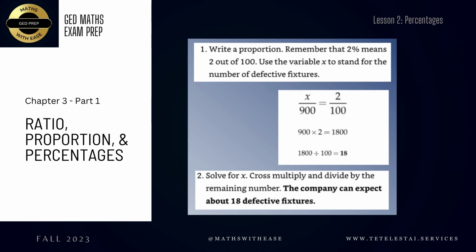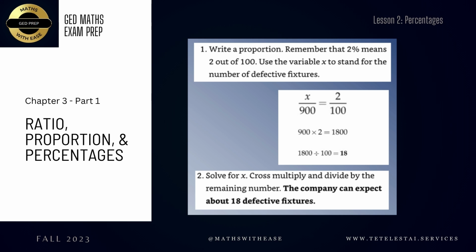So you're going to write down your formula to represent the information in the problem. X is the number of parts that will be defective. And our base is 900, right? That's the number of parts that we produce every day. And we're told that the rate is 2%, so that's 2 over 100.